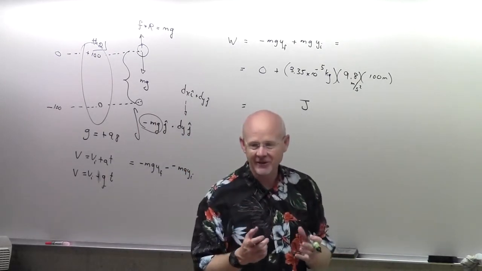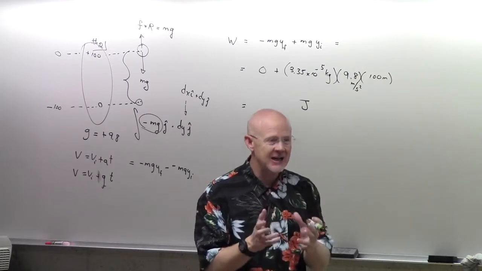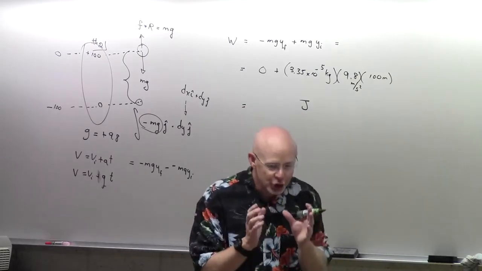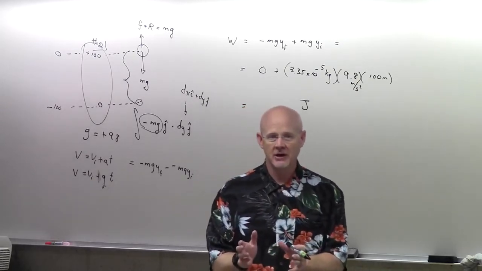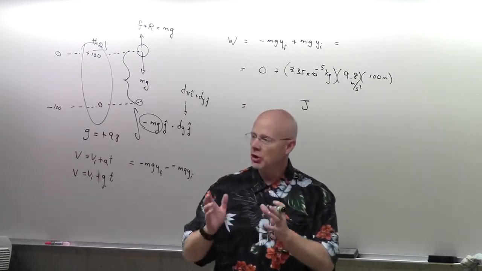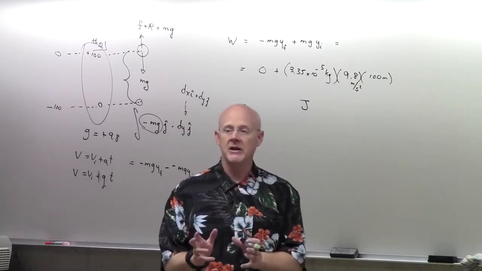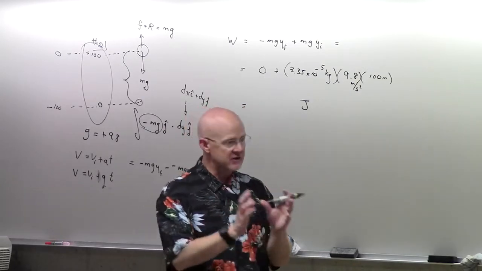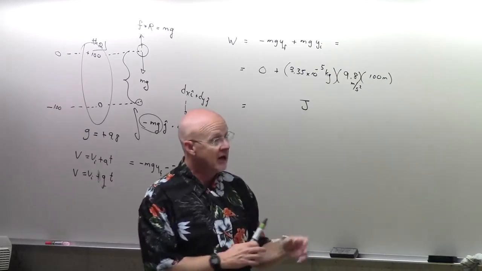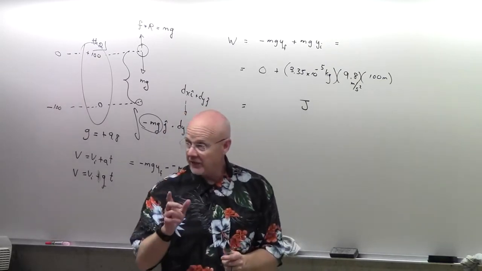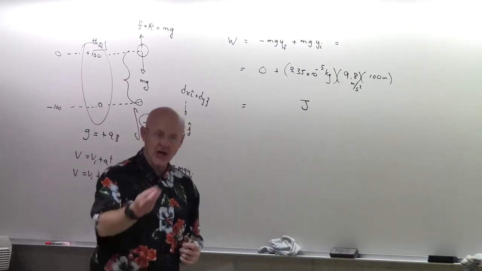Making it go faster, right. If I did not get a positive number here, I would be very bothered. Work should be positive. This object would be going faster if there was only gravity. Now, we know that there's more than gravity, there's air resistance, and we know it doesn't go faster. For that matter, it doesn't go slower. They say it's at its terminal speed. But I think you get the idea of how the signs go together.